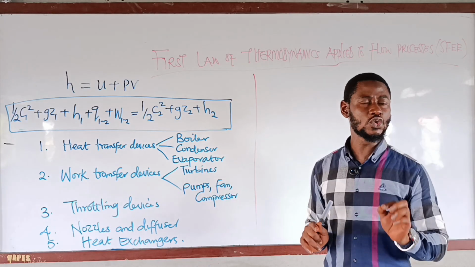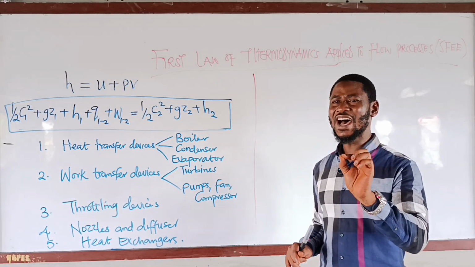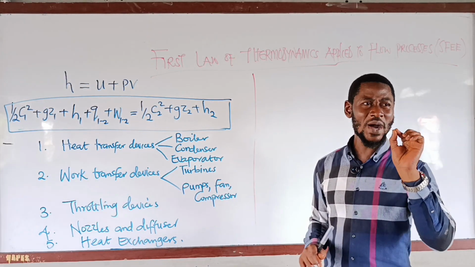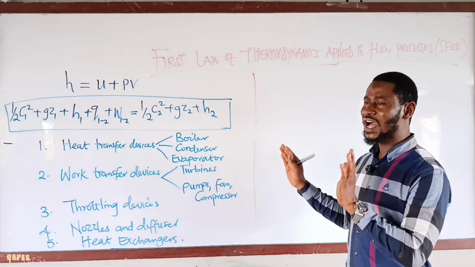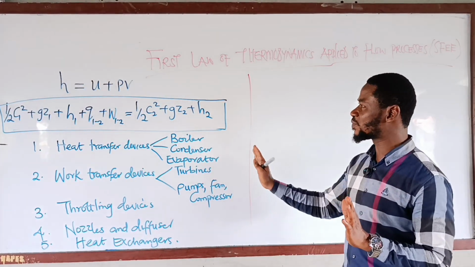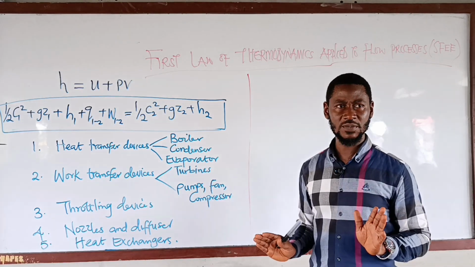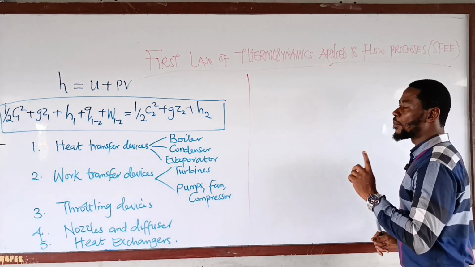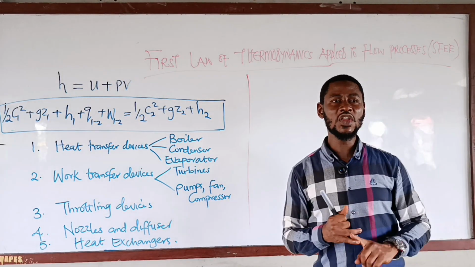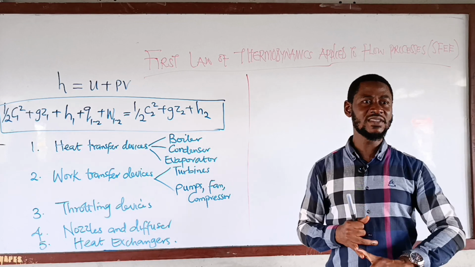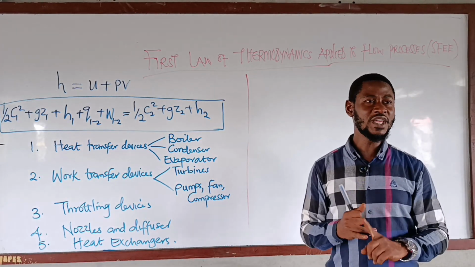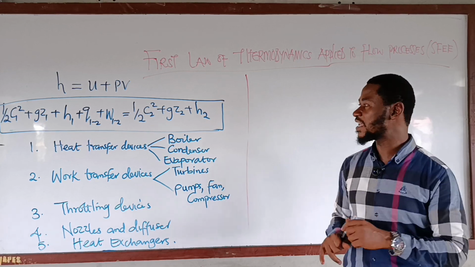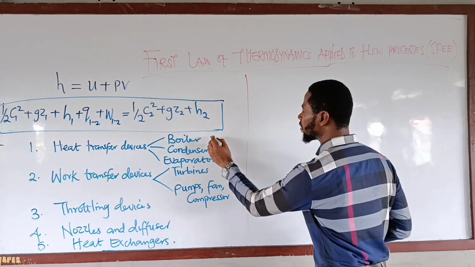Now, before we go into this, let's consider a simple power plant. Let's look at the steady flow energy equation as it is being applied to each of these. For the boiler, the function of the boiler is to raise the temperature of a substance, which means the heat transfer in a boiler is taken as positive.